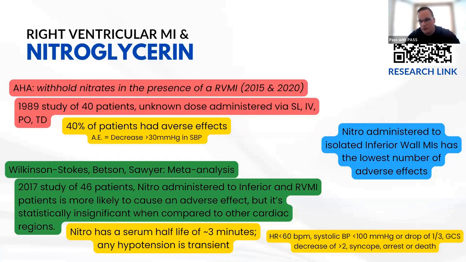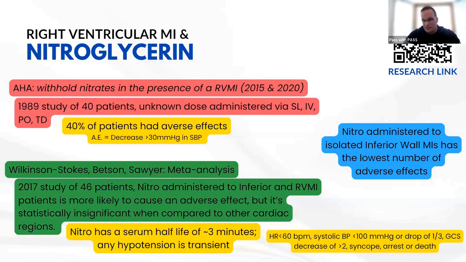I think that's important to call out, because if you ask in your firehouse now, there's probably some people who are under the impression that if they have an inferior wall MI, they are just not giving nitro because of the worry about right-sided involvement. What these studies found was that isolated inferior wall MIs, so occlusions down the posterior descending artery, those types of MIs actually do the best with nitro.